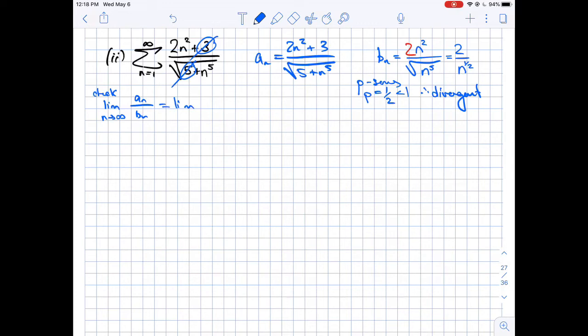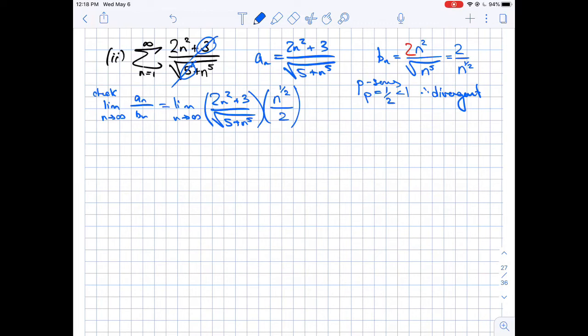We have the limit as n approaches infinity of 2n squared plus 3 divided by square root of 5 plus n to the 5. That's my an. And now, rather than divide by bn, I'm going to multiply by the reciprocal of bn. So let's take bn and flip it. We end up with n to the power of 1/2 divided by 2 in the denominator.